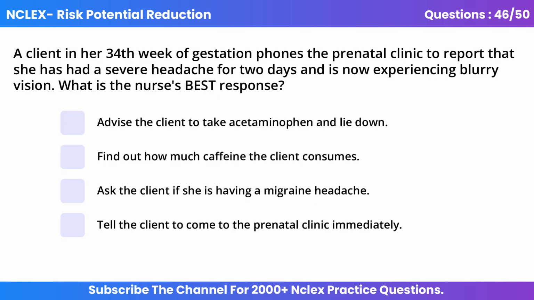Question 46. A client in her 34th week of gestation phones the prenatal clinic to report that she has had a severe headache for 2 days and is now experiencing blurry vision. What is the nurse's best response?